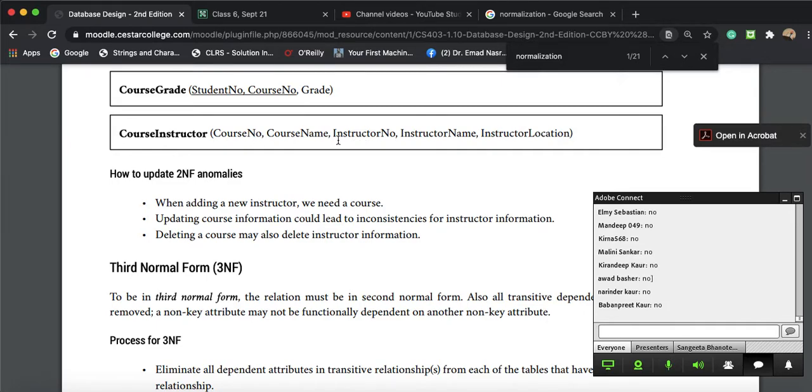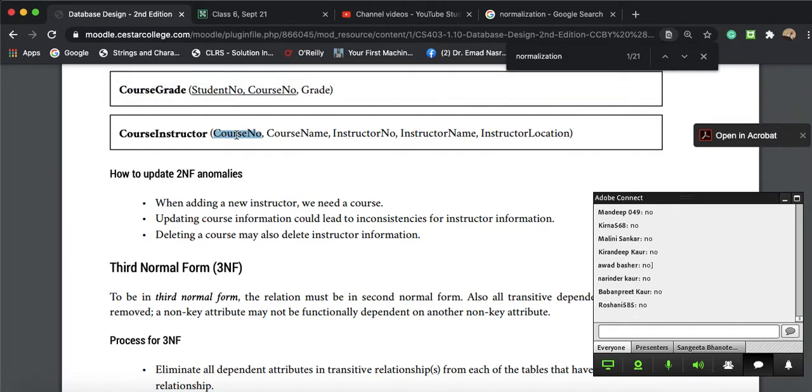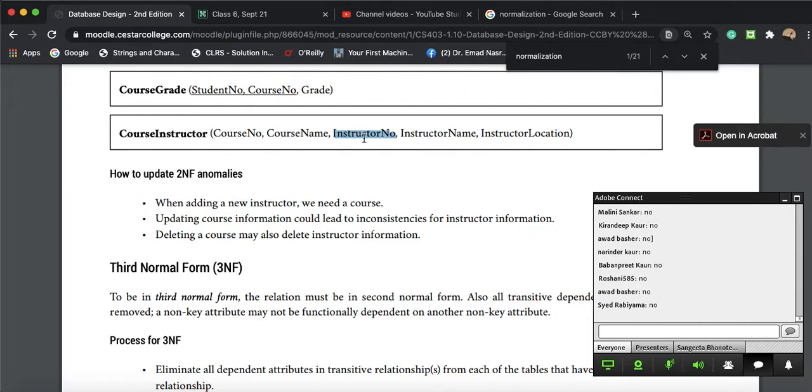Because now instructor number depends on course number. Instructor name, does it depend on course number? Actually, it does, but not directly. Transitively. Yes, it does, because instructor name depends on instructor number and instructor number depends on course number.